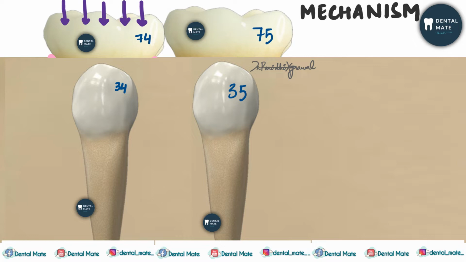So there is destruction of the PDL because of increased masticatory forces, leading to destruction and resorption of the root and ultimately shedding of the tooth.